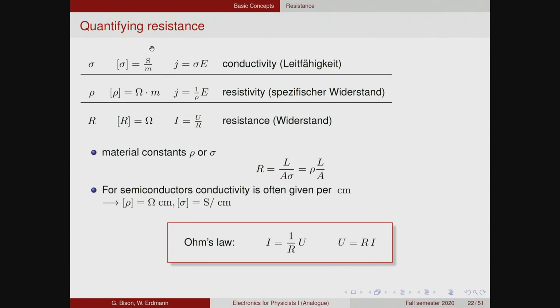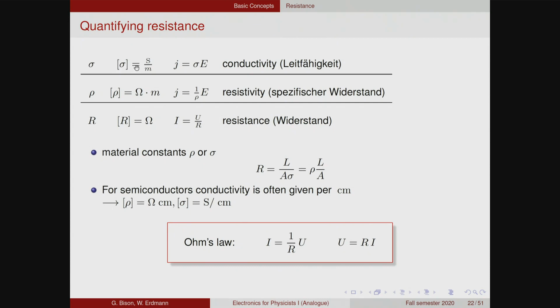The conductivity gives us, for example, if we don't want to care about the geometry of the conductor, we can directly go to current density, and then the conductivity directly gives us the current density if we multiply with the electric field.